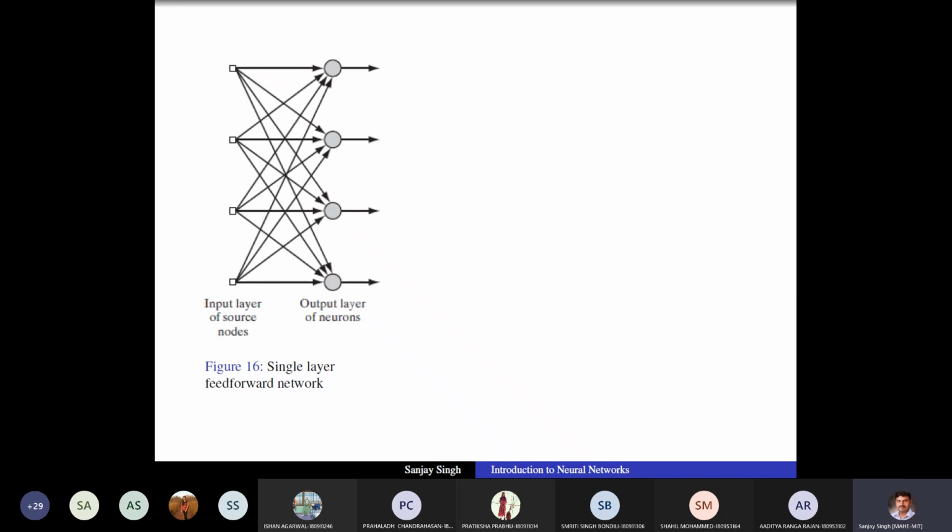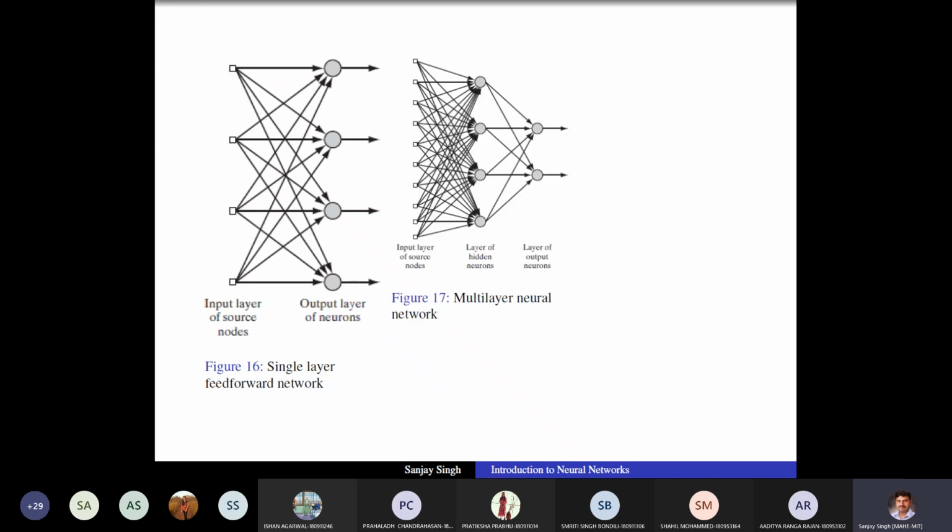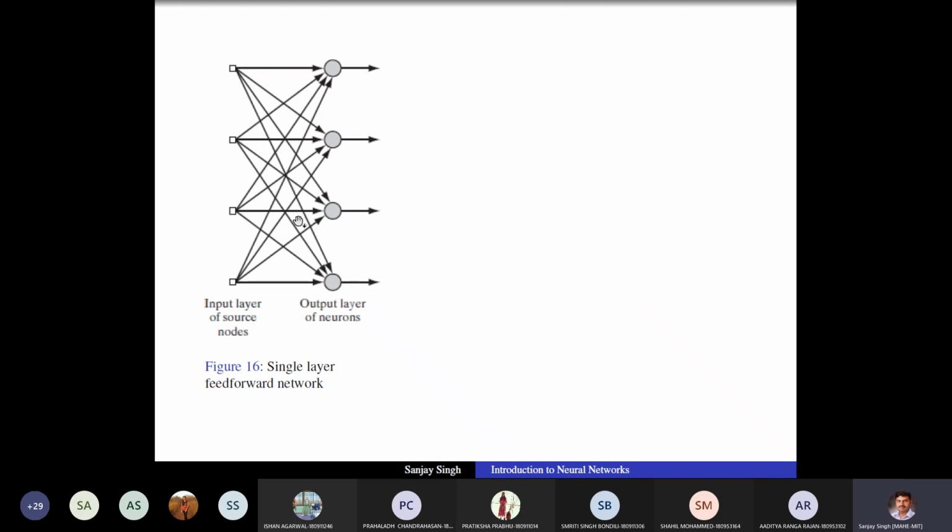There is also the possibility that I can have a multi-layer feed forward network. When I say multi-layer feed forward network, what will happen? Definitely 1 or 2 hidden layers come into the picture. So let's say here I have this kind of structure. These kinds of connections are called fully connected.